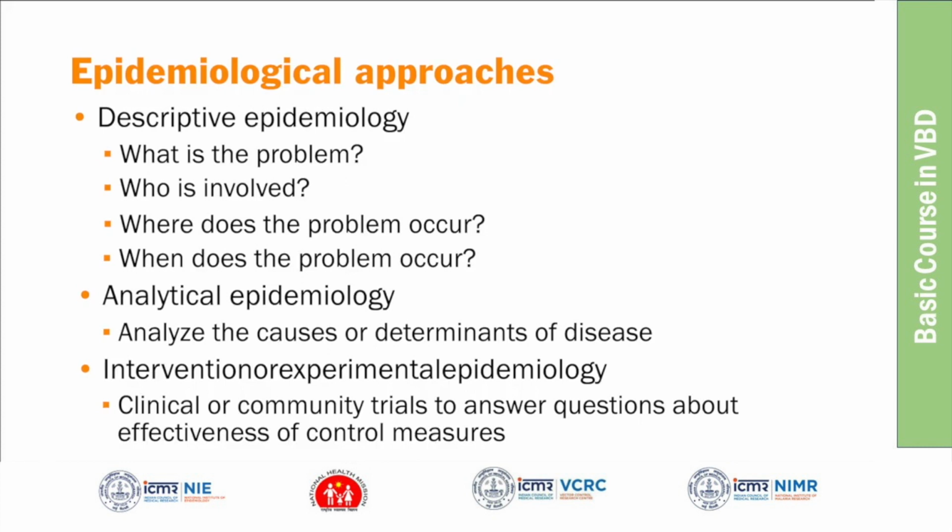The third approach is to do experiments. In epidemiology, the experiments could be at the clinical level or at the population level, to answer which interventions are effective in making a particular outcome come down or work much better than the other. That's the third approach of epidemiology.